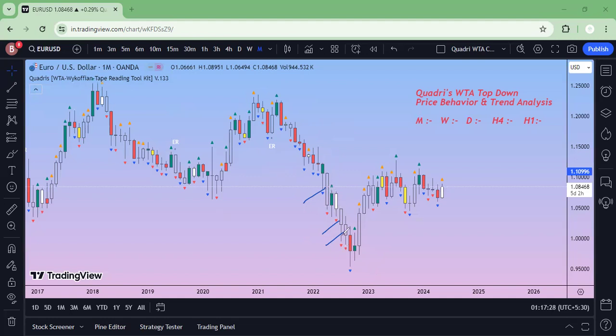If a weak supply appears at the end of the move, or after any demand greater than supply kind of a bar is printed, and after that we see this kind of price, that means it gives an early sign that we are going to see a price change.